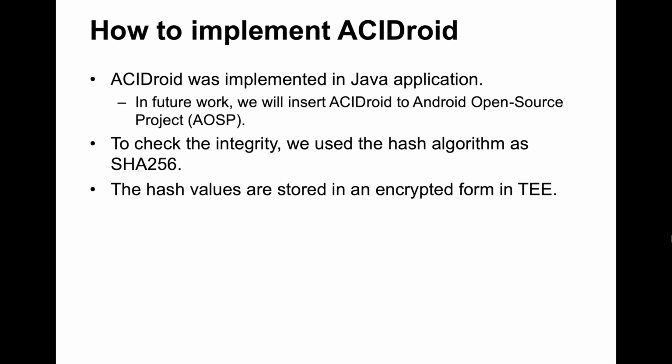Our system is more effective in the Android kernel, so in the future we will insert ACIDroid into the Android open source project. To check the integrity, we use the hash algorithm SHA-256. The hash values are stored in an encrypted form in trusted execution environment.